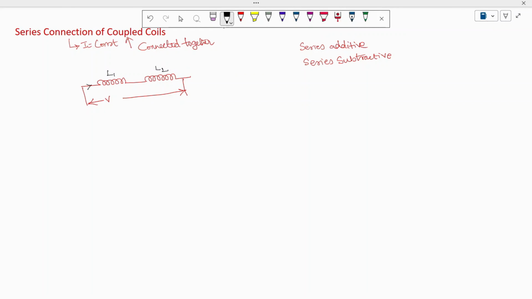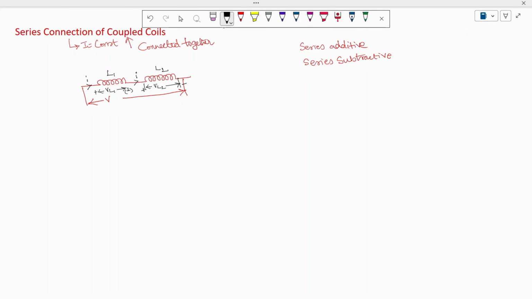So a current of I ampere flows through them, and you can see this current is constant. As per Faraday's law of electromagnetic induction, as soon as the current flows in an inductive coil, it will generate a voltage. I'm labeling that voltage as VL1, and the voltage generated across inductor 2 as VL2, with positive and negative terminals.